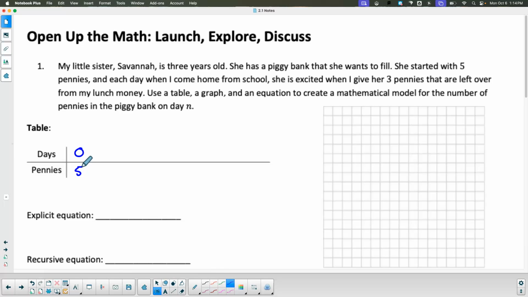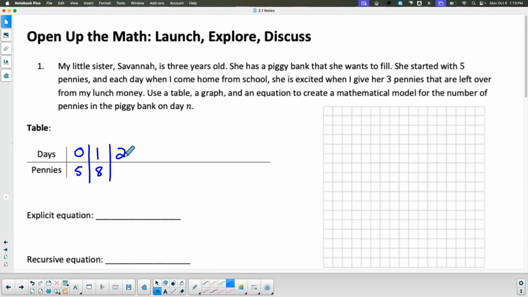Then I come home from school, and what happens? I give her 3 pennies, right? So now how many pennies does she have in her piggy bank? 8. Okay, and it's day 1. Next day, day 2.